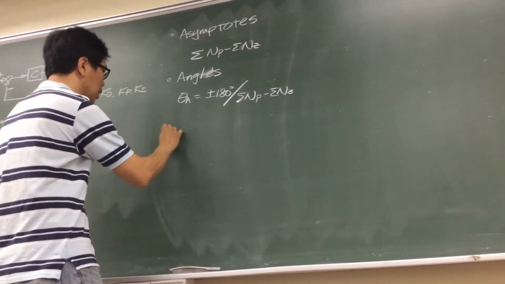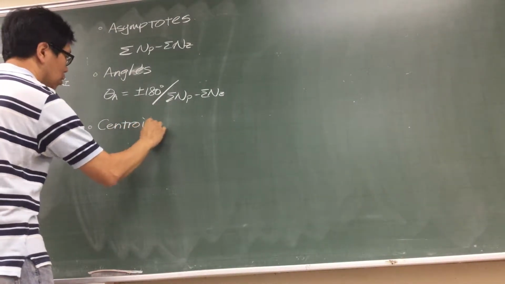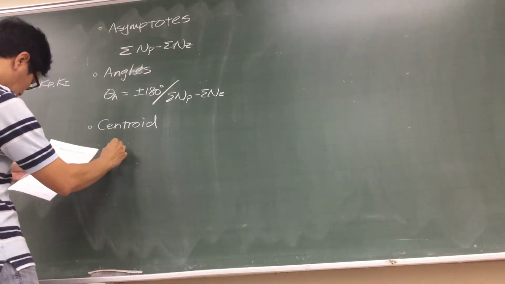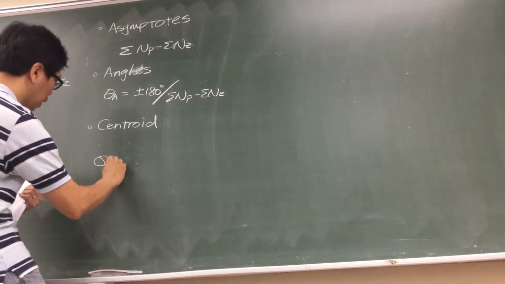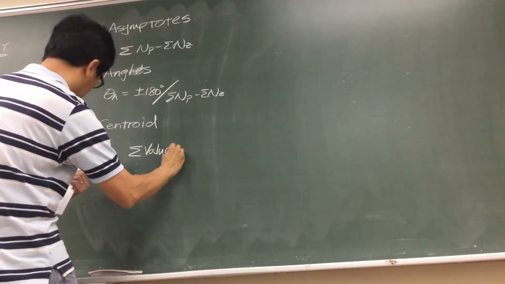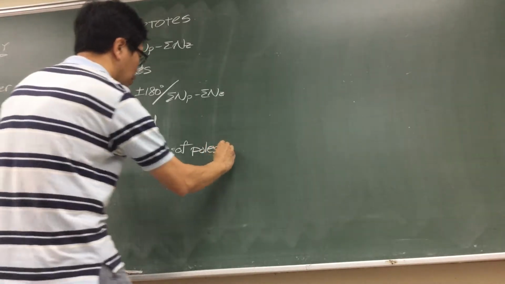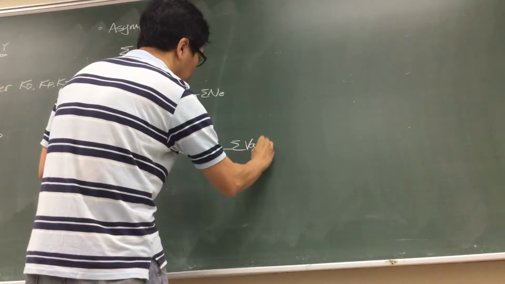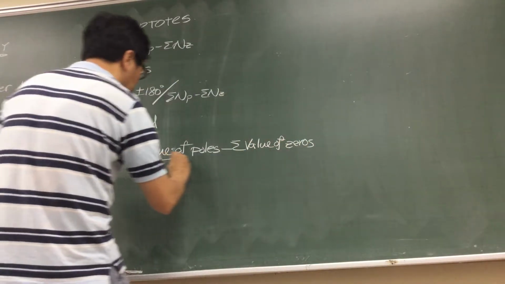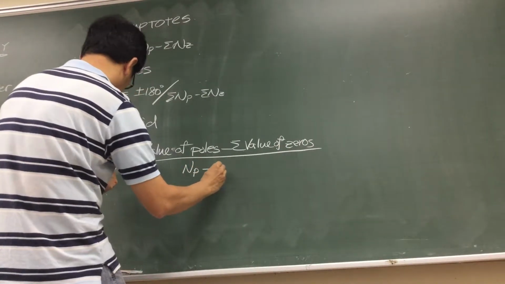And the next one is the centroid. That is going to be sigma A equals the sum of the values of poles minus the sum of the values of zeros, divided by MP minus MZ.